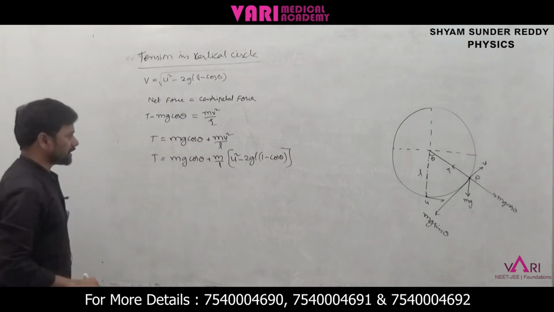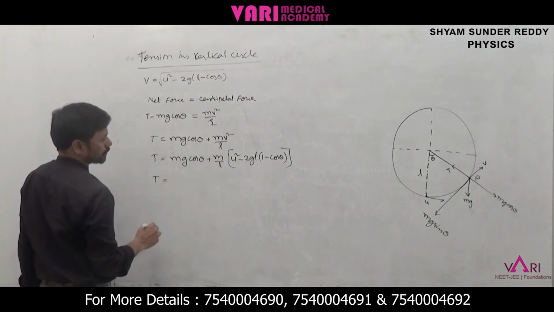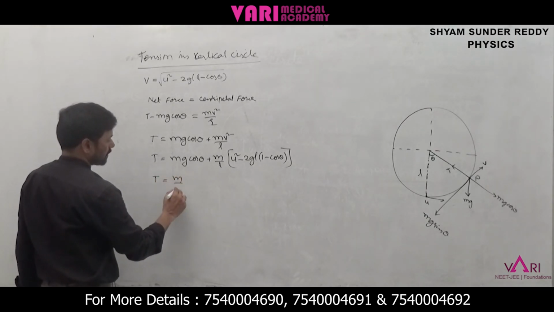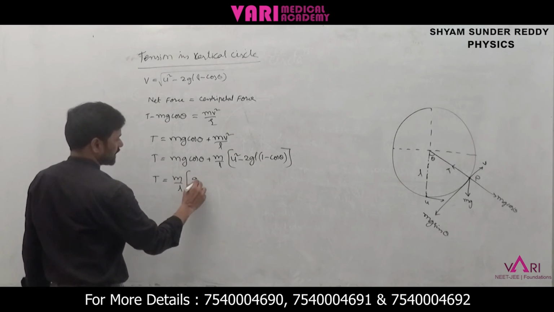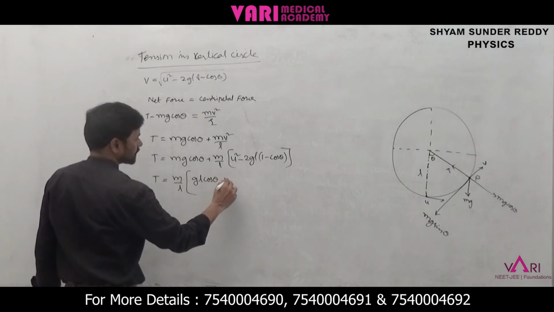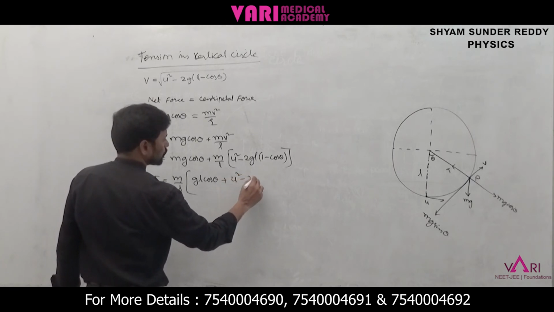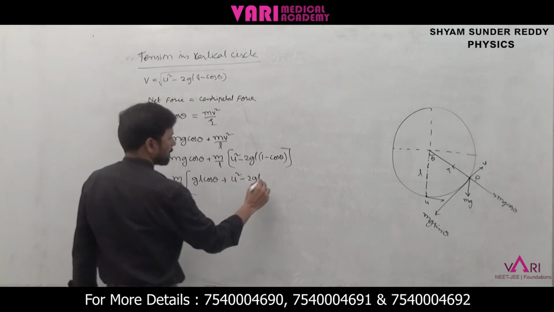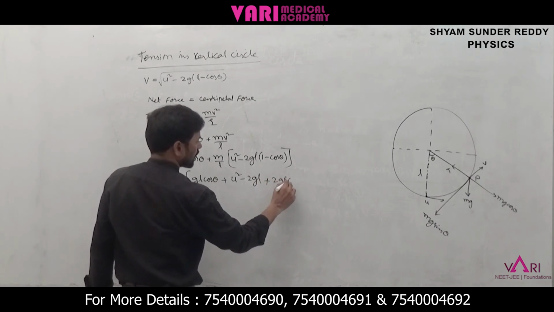From this we can get T is equal to, taking m by L as the common factor, gl cos theta plus u square minus 2gl plus 2gl cos theta.